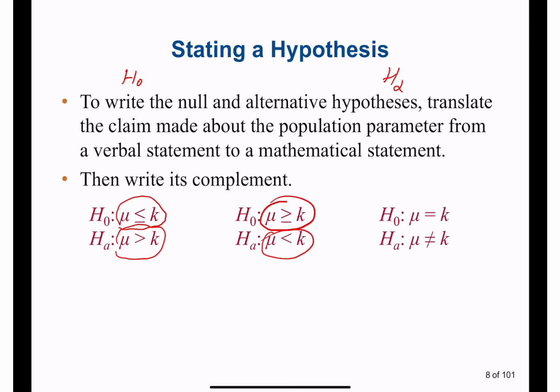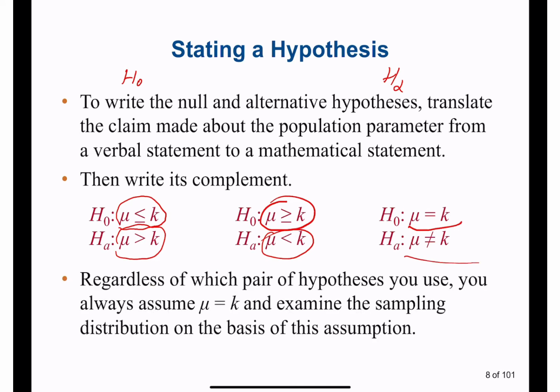And the third case, it's mu is equal claimed value, and alternative will be mu is not equal claimed value. Okay?